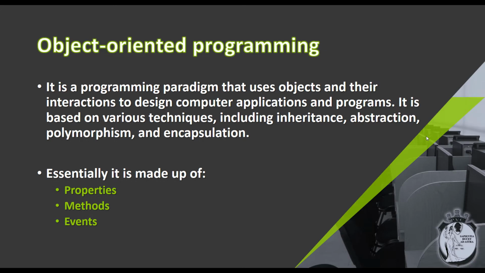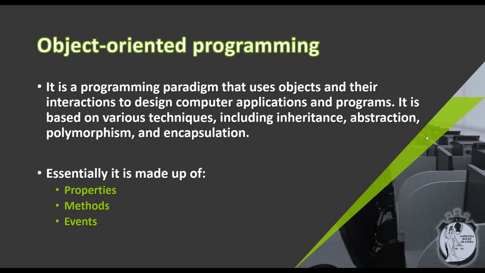What is object-oriented programming? It is a programming paradigm that uses objects and their interactions to design computer applications and programs. It is based on various techniques, including inheritance, abstraction, polymorphism, and encapsulation.